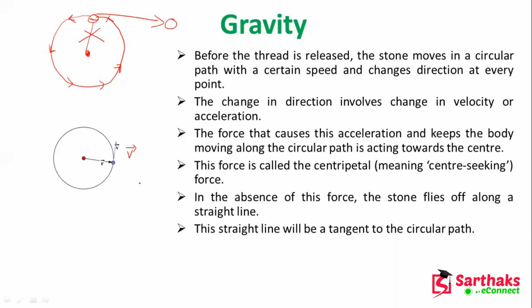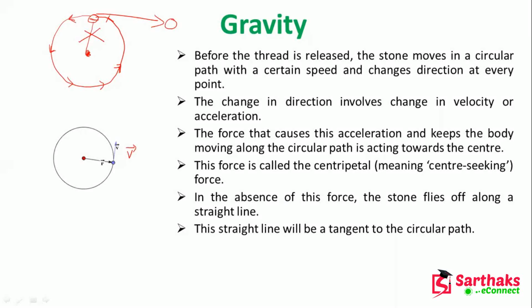So that means gravity means every object on our earth will be attracted by the earth with a force. And you can see this using an experiment: you take one stone and bind it with a thread, and you hold the other end of the thread and move it in a circular motion.